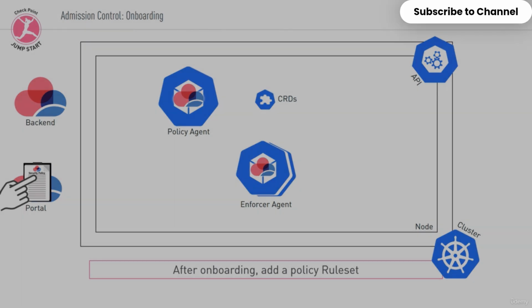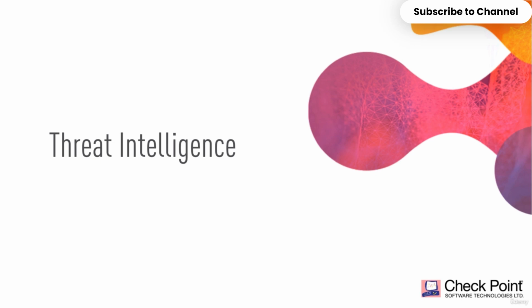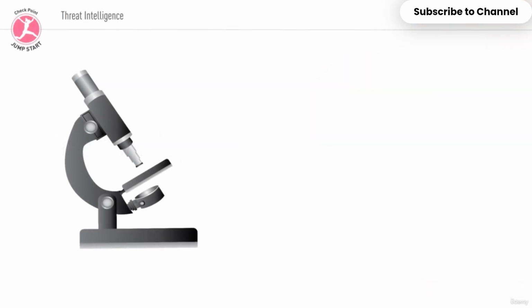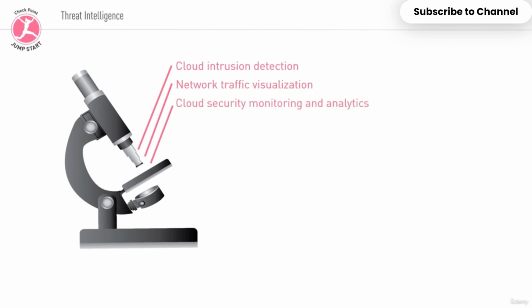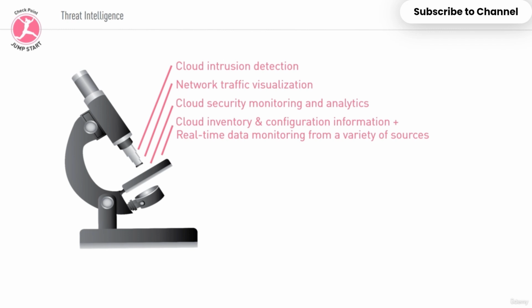An additional component we can enable during the deployment process is threat intelligence. CloudGuard delivers advanced security intelligence, including cloud intrusion detection, network traffic visualization, and cloud security monitoring and analytics. It combines cloud inventory and configuration information with real-time data monitoring from a variety of sources from Amazon AWS, Microsoft Azure, and Google Cloud Native Log, packet capture, appliance, and alert tools.